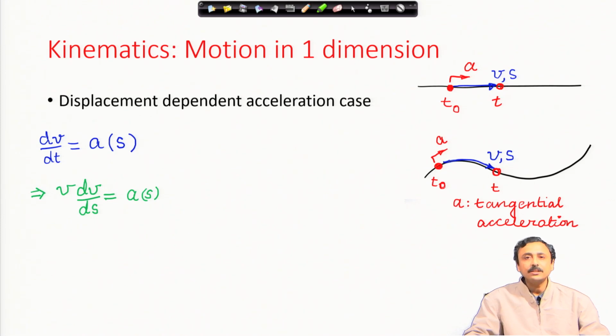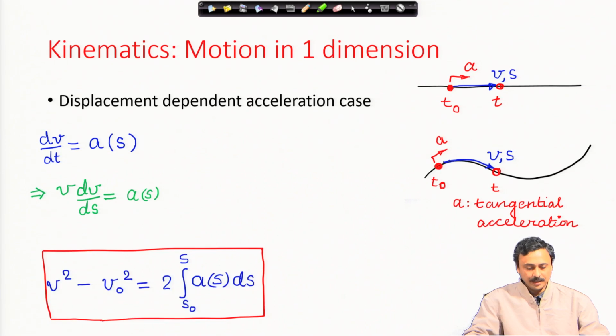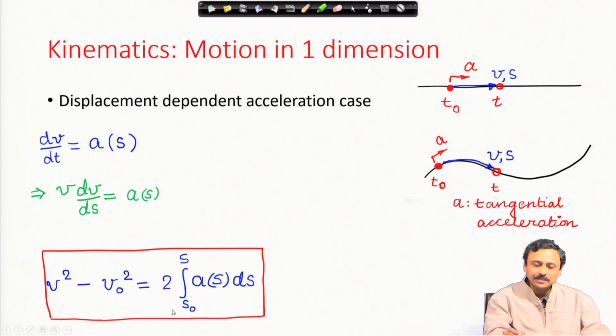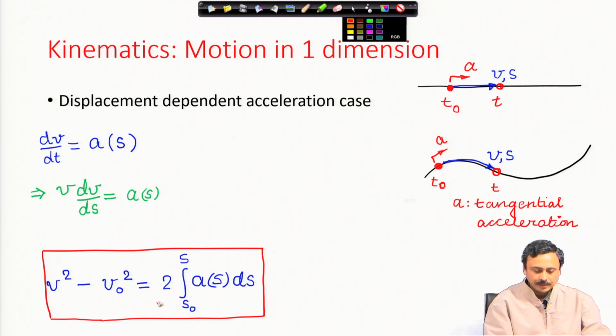Why did I do this? Because acceleration is a function of s, therefore I need to integrate it over s, and if you do that integral, on the left hand side you will get v square by 2. That 2 I have taken to the right hand side, as you can see.